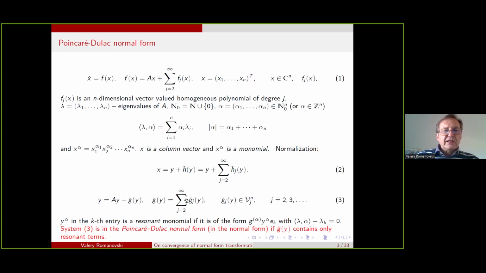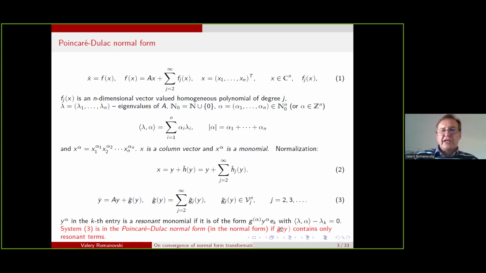But we can say that x to the alpha in the k-th entry is a so-called resonant monomial if it is of the form x to the alpha e_k, such that lambda alpha minus lambda k is equal to 0.